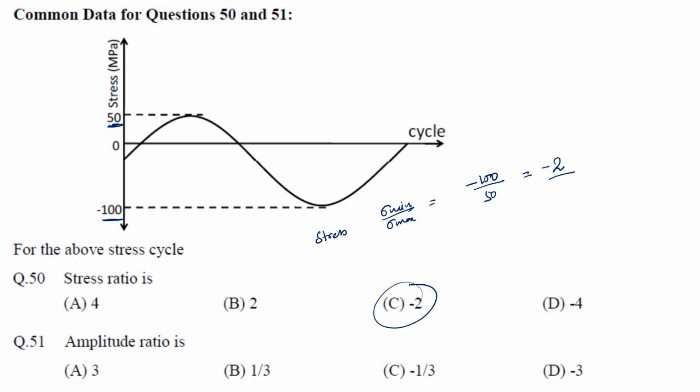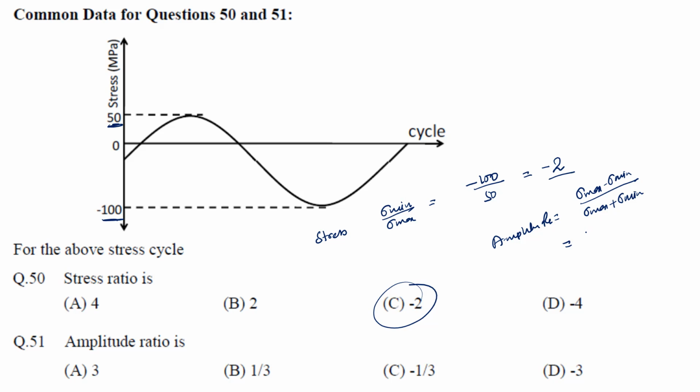Okay, amplitude ratio. This amplitude ratio is nothing but the ratio of the amplitude divided by the mean. So it is sigma max minus sigma mean divided by sigma max plus sigma mean, right everyone? This is what we know, right?